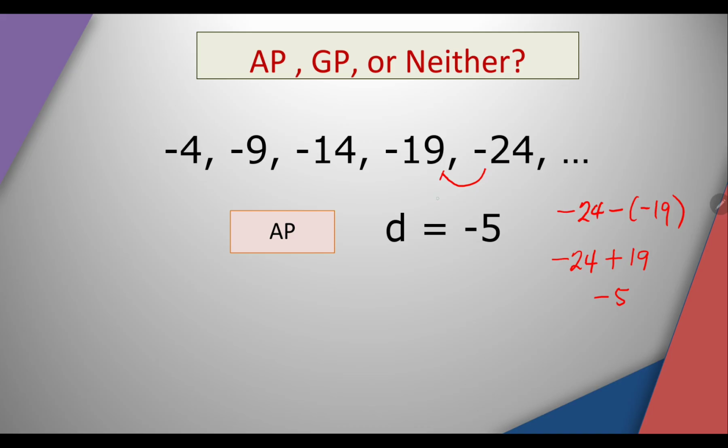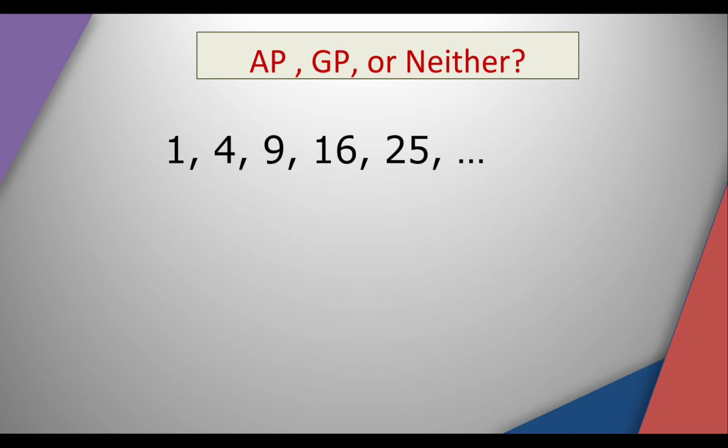Likewise, for -19 minus a -14 would still be arriving at -5. And -9 minus a -4 will likewise be a -5. Thus, this is an arithmetic progression or an arithmetic sequence.